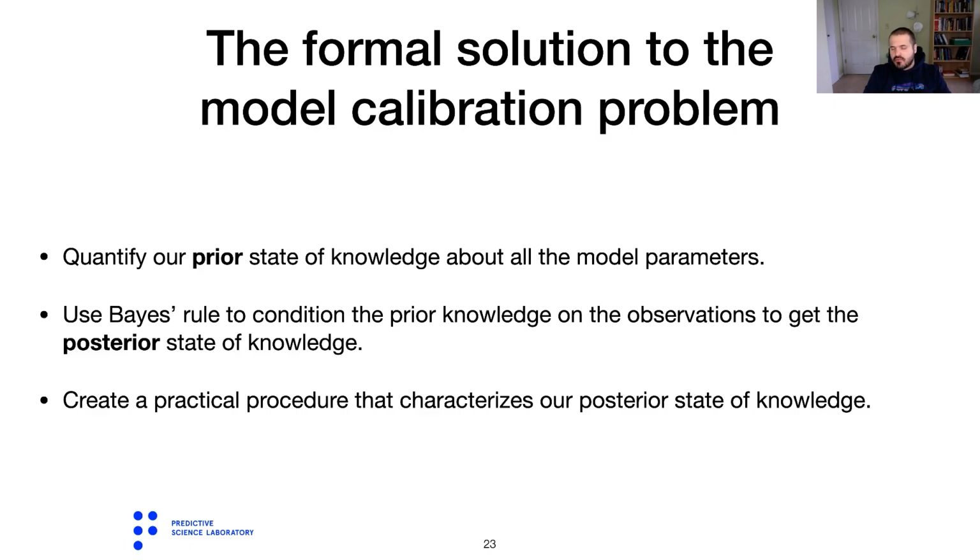It is very straightforward to formulate the mathematical description of the calibration problem, and we're going to learn about this as part of this class. But it is tremendously difficult to carry out the program suggested by this mathematical formulation. And we're going to spend quite a few lectures talking about how it is that you can actually carry it out.